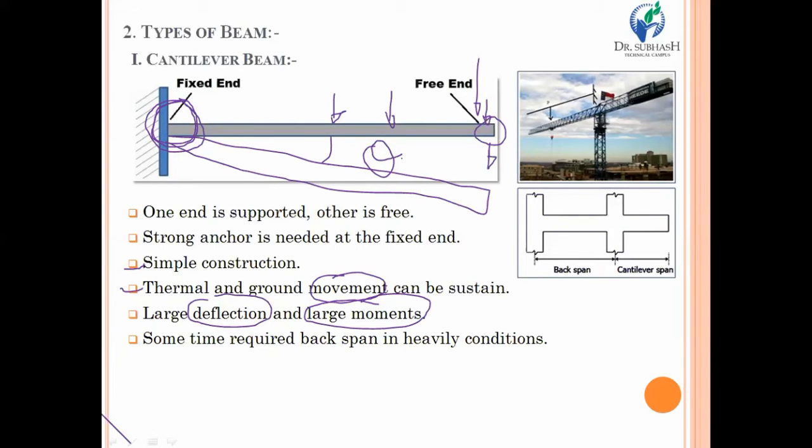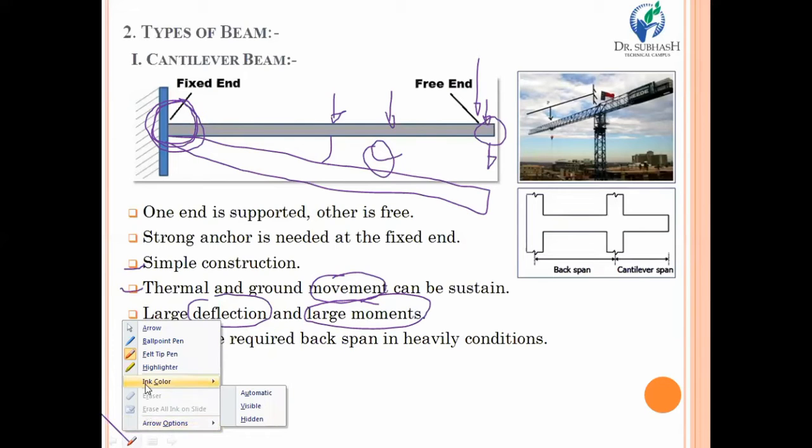Similarly, due to large force, moment is also possible in large magnitude. So these are some disadvantages of the cantilever beam.